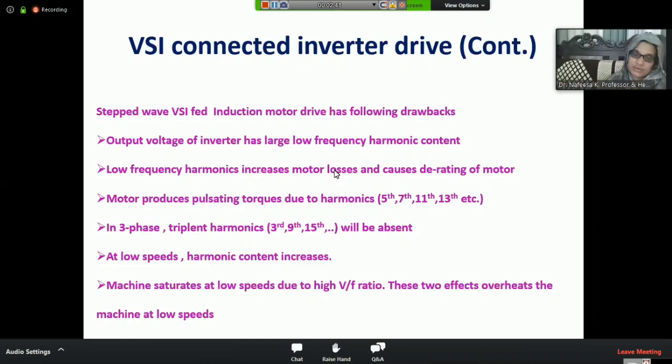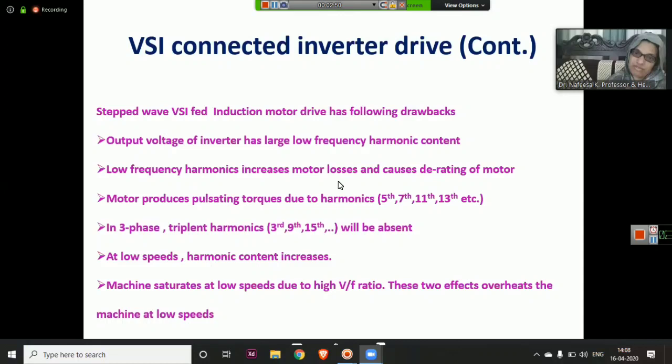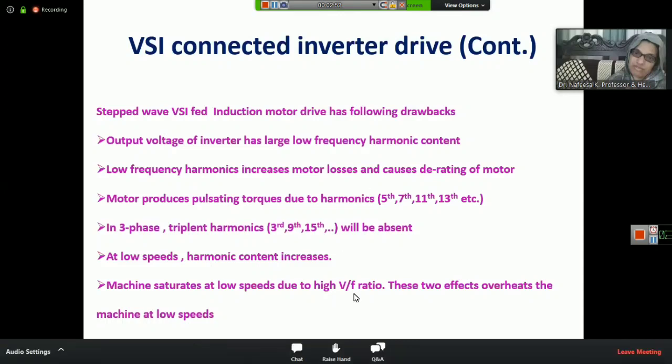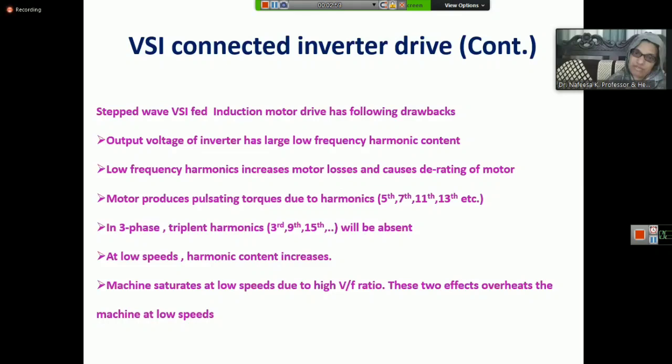The machine saturates at low speeds due to high V by F ratio. For low speeds we need to reduce the frequency, since speed is directly proportional to frequency. So if you are not varying the voltage, the V by F ratio will increase.